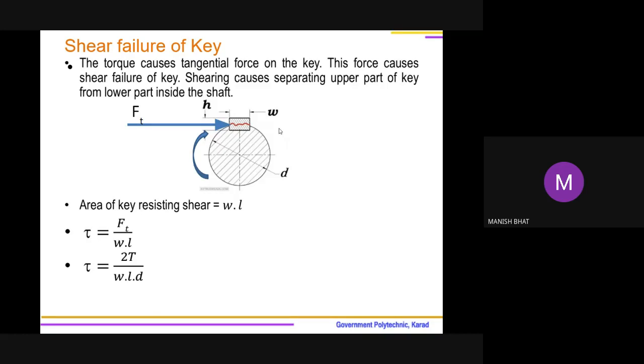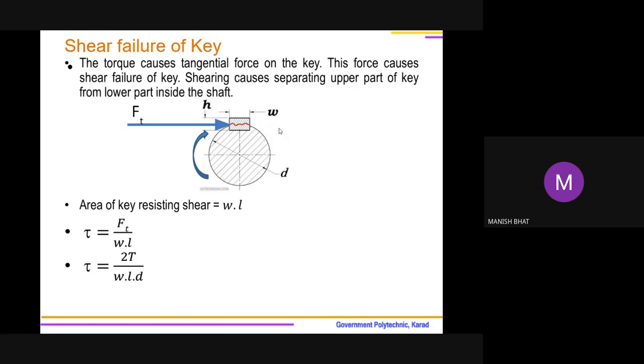Key will get cut along the length. This is the side view shown. In front view, half portion will remain inside the shaft, and the upper portion will remain inside the coupling. So the key will get cut along the length, and that wavy line indicates failure.